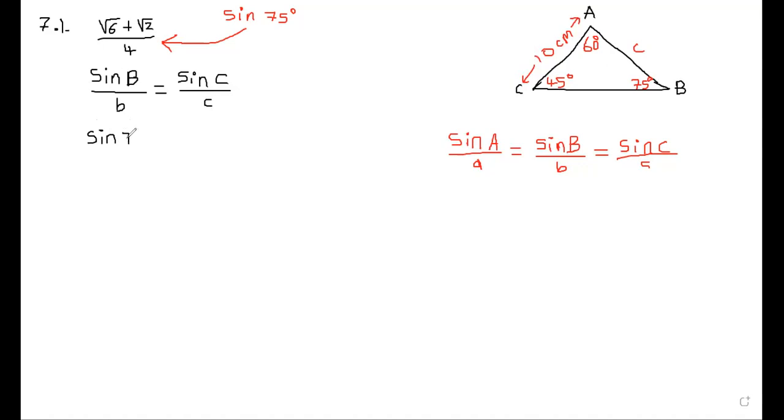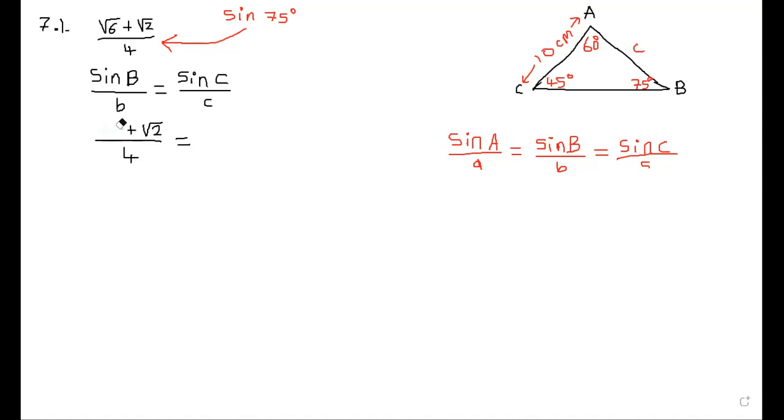We know sine of 75 degrees is root 6 plus root 2 all over 4.